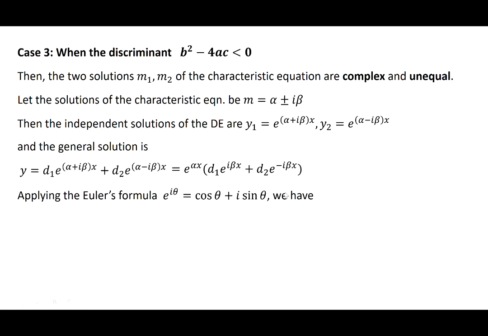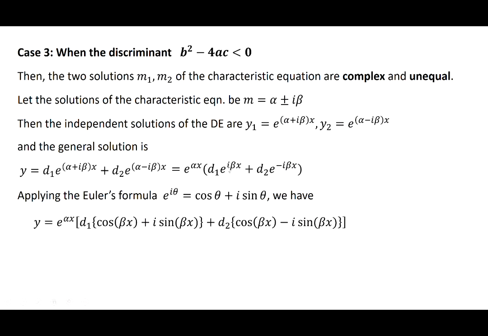But then there is something called Euler's formula, which says e to the i theta is cosine theta plus i sine theta, and e to the negative i theta is cosine theta minus i sine theta. So I apply that to this part.